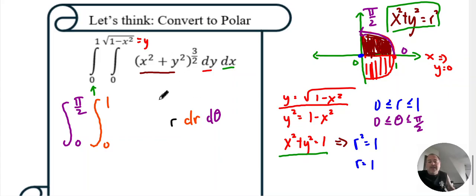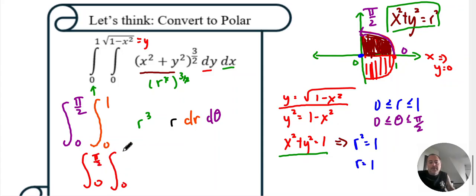So I can take this and do r squared raised to the 3/2 power, which gets us down to r cubed. Then all we have to do to finish this problem out is integrate from 0 to pi over 2, 0 to 1 of r to the 4th dr d theta.